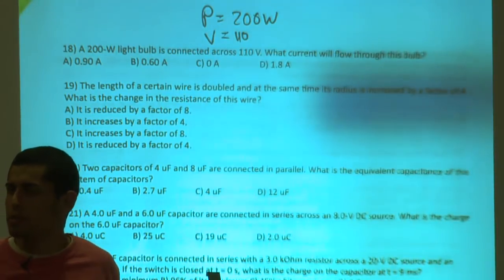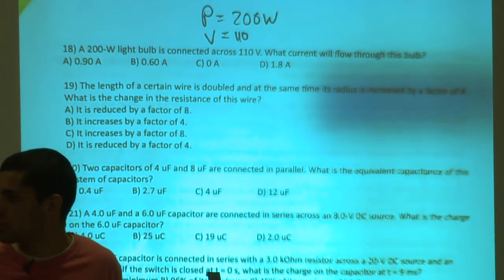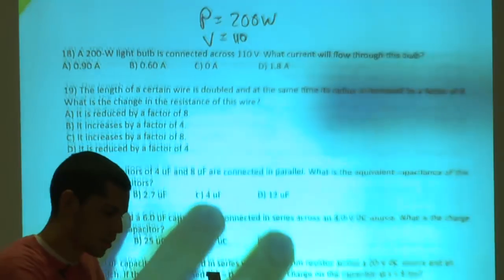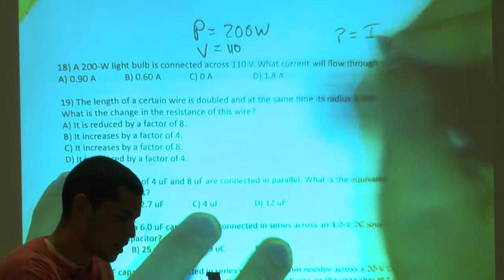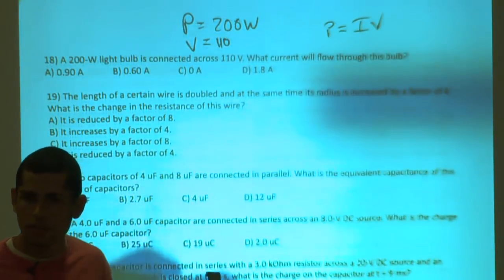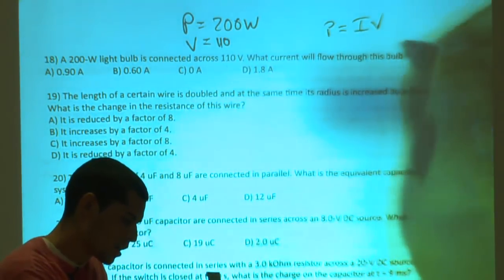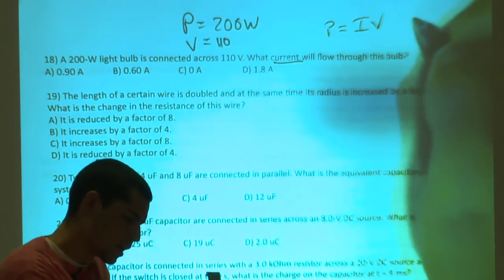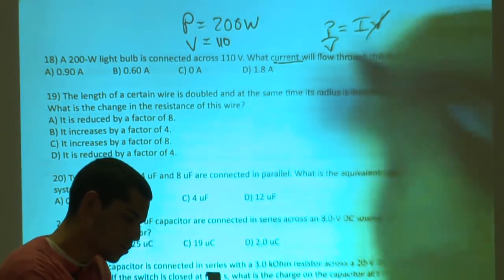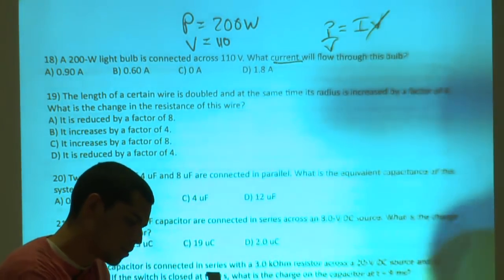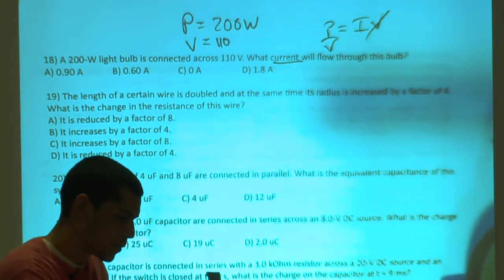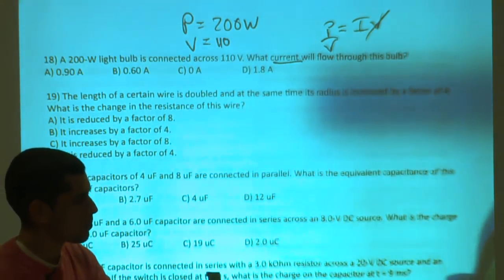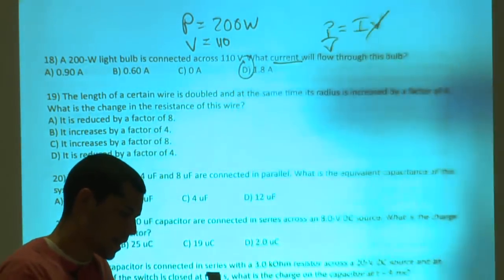What equation do we have to relate power and potential? So P equals IV, right? Awesome. So if we solve for current, we get I equals P over V. We simply divide the two by each other because they're both SI units. So then we get 1.8 amperes.